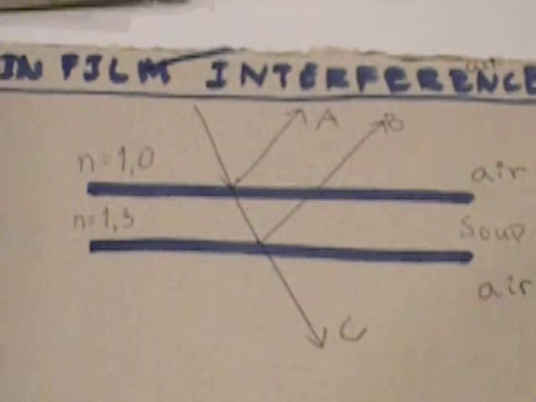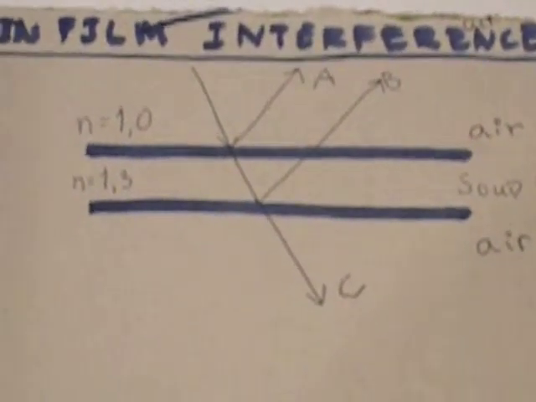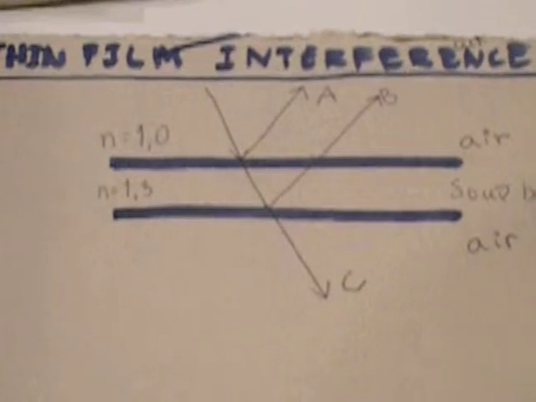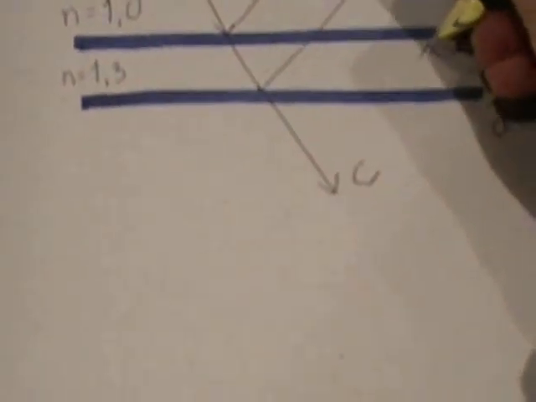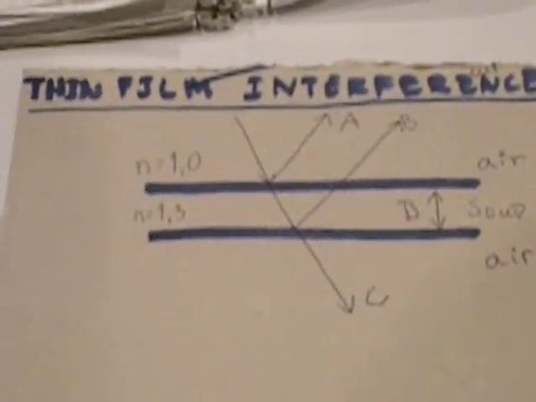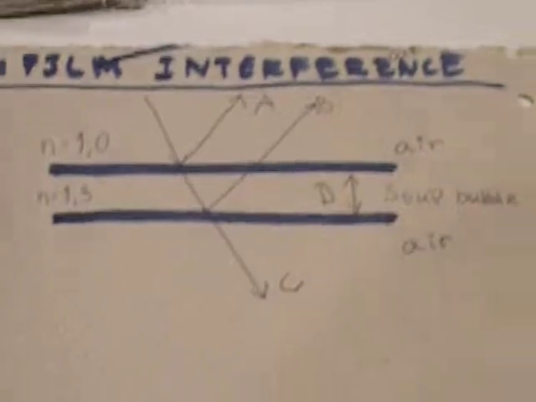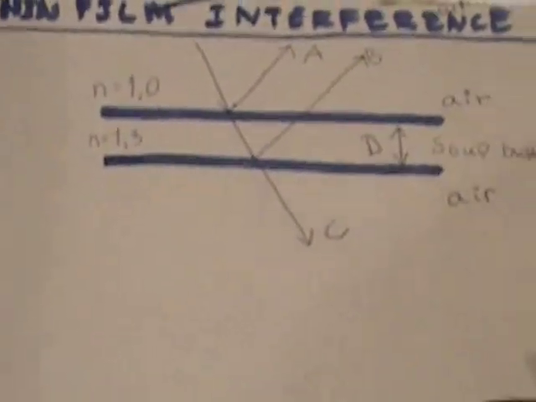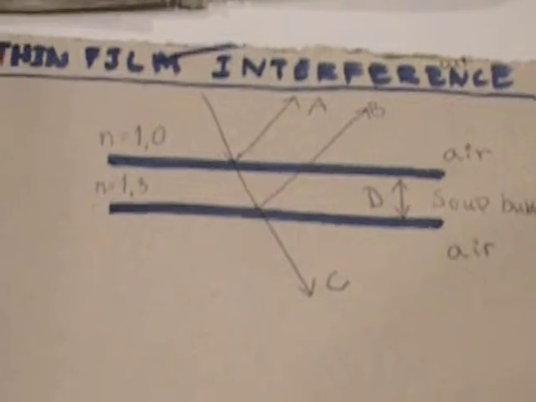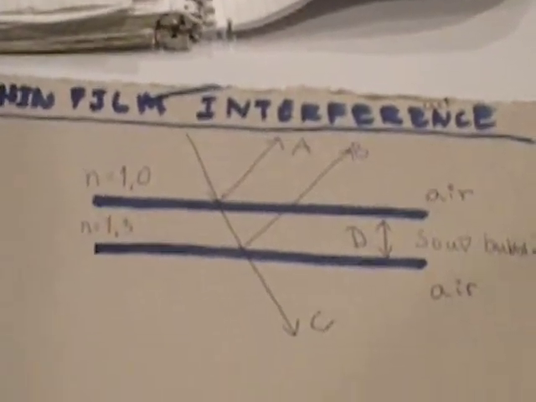Another contributory factor to the way the waves interfere is the thickness of the soap layer, on the picture marked D. As the picture shows, wave B will travel a longer distance than wave A. If the light is extinguished, wave B has traveled a half lambda further, which means that D is a quarter of a lambda.